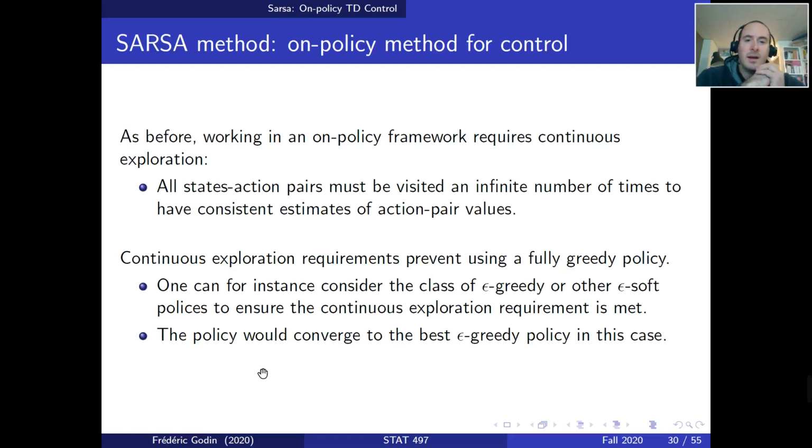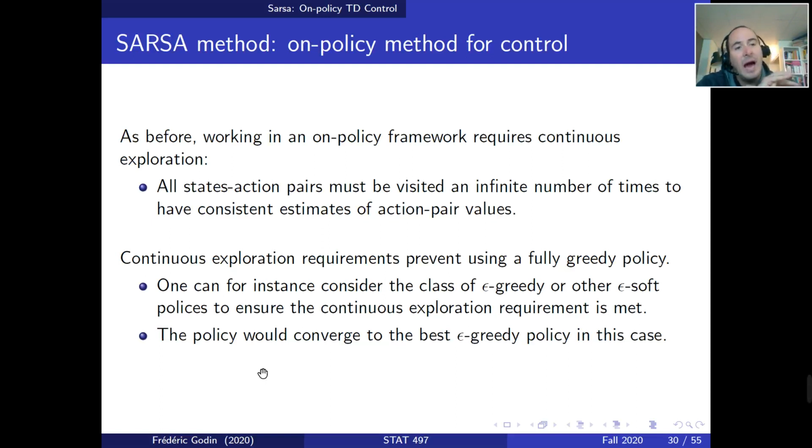So if you want convergence of your estimates to the true value of action values, then all state action pairs should be visited an infinite number of times.